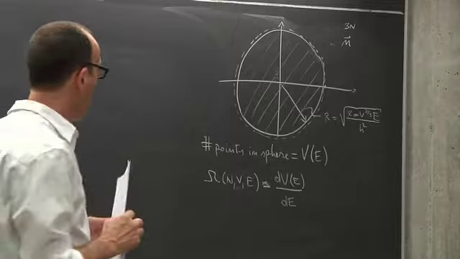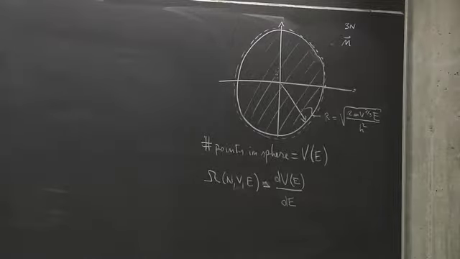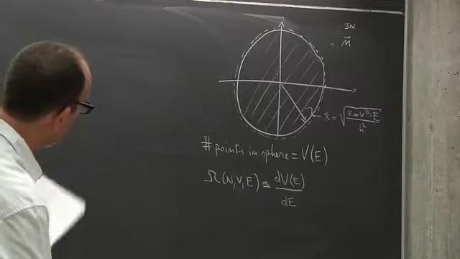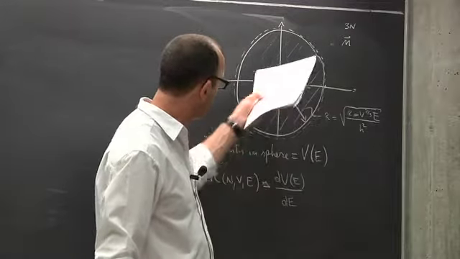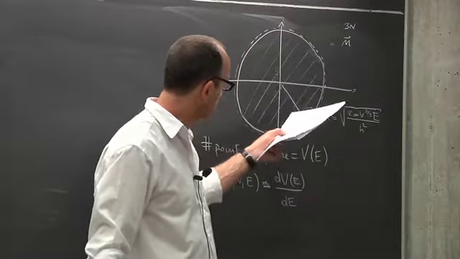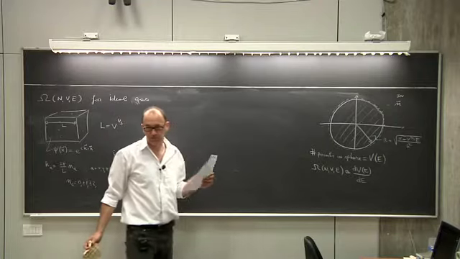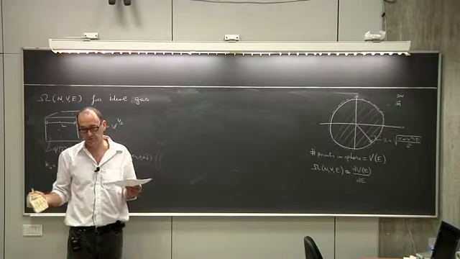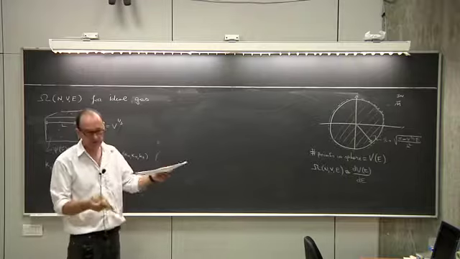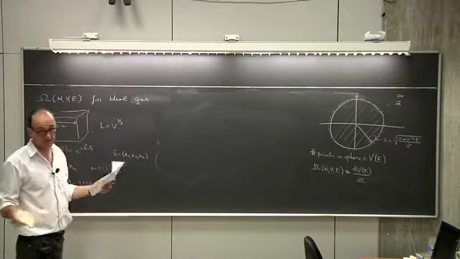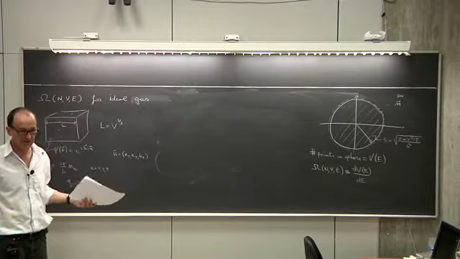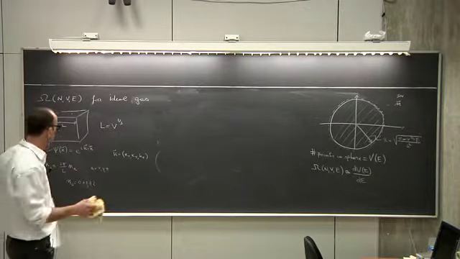Okay, so let us compute. I want to compute this volume, the number of points which are inside here. Let me do it in two steps. First, I want to transform this from a discrete problem into a continuous problem, and then we have to compute the volume of a sphere in 3n dimensions.